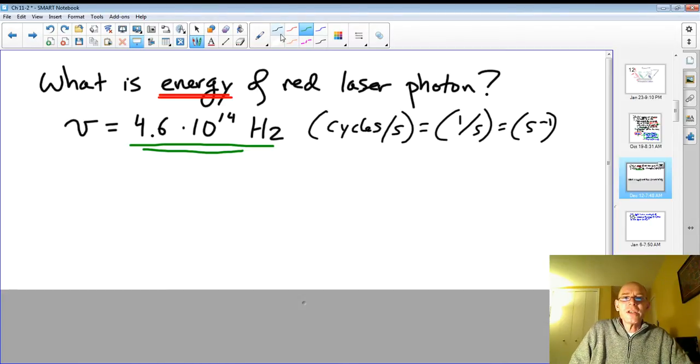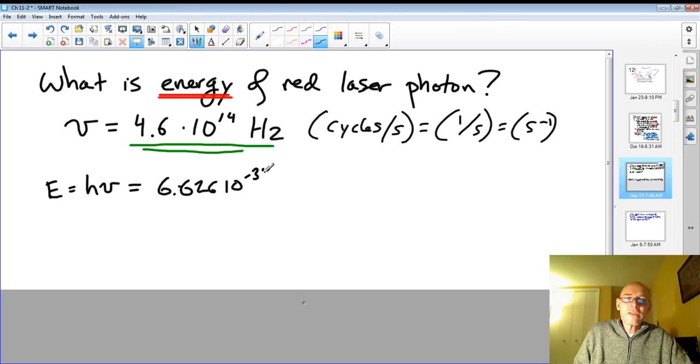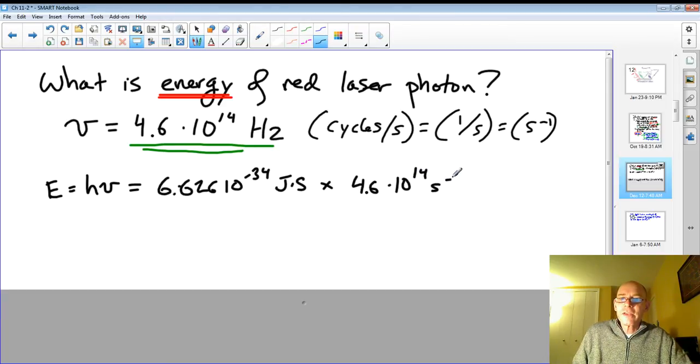So what is the energy of that red photon? Well, we just do E is equal to h times the frequency. And remember, that's equal to 6.626 times 10 to the negative 34th joule seconds multiplied by the frequency. And the frequency is 4.6 times 10 to the 14th hertz, but we're going to write it as per second, cycles per second.